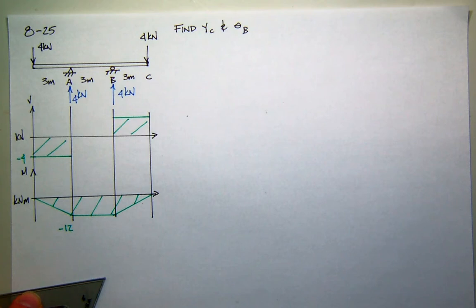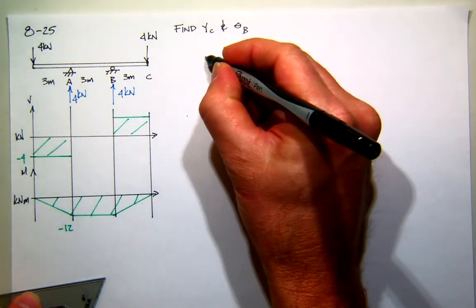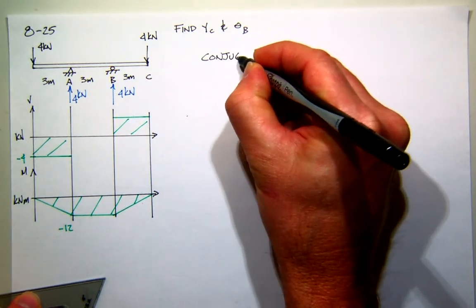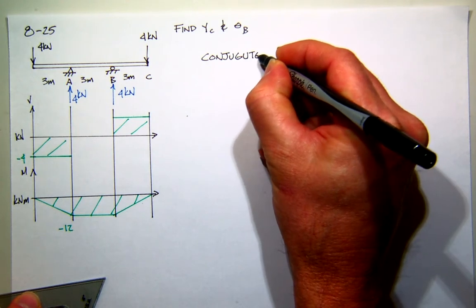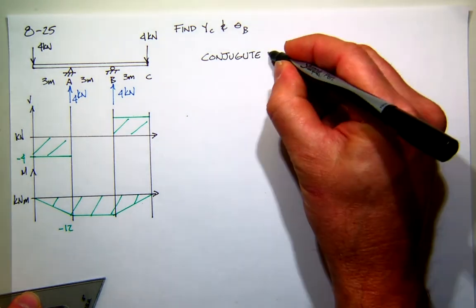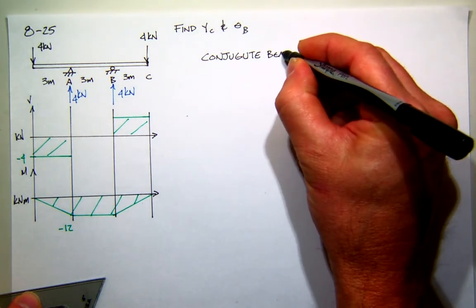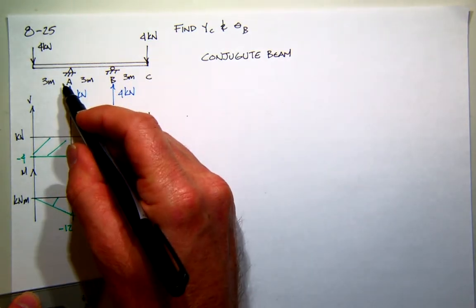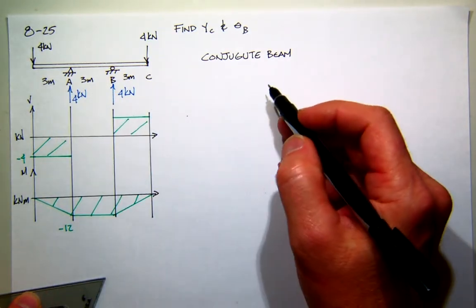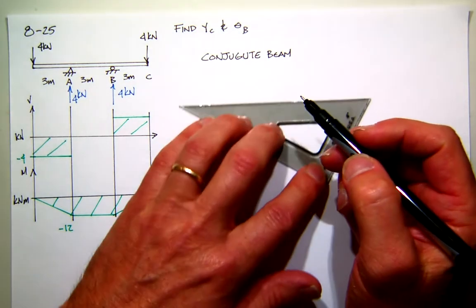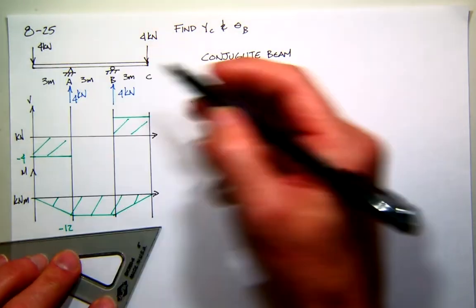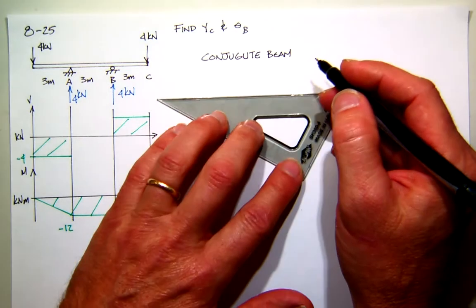So then you go to the conjugate beam. Let's first draw the conjugate beam. So we go back to how our supports in the real structure map to the supports in the conjugate beam. So a free end in the real structure is what in the conjugate beam?